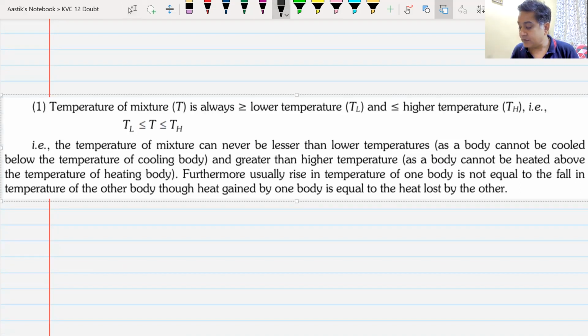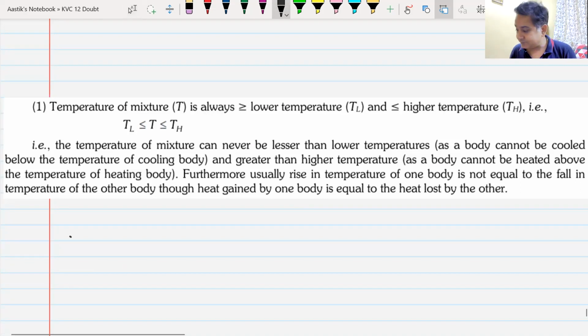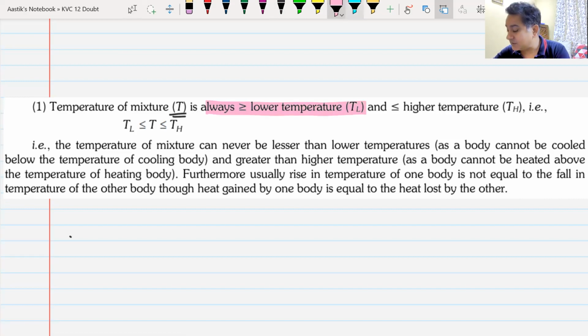When you are mixing two bodies, the temperature of the mixture is always greater than the lower body temperature, but less than the higher body temperature. I hope I have not made a mistake. So this is the point that you must remember.